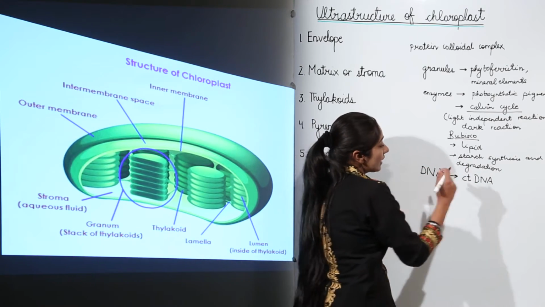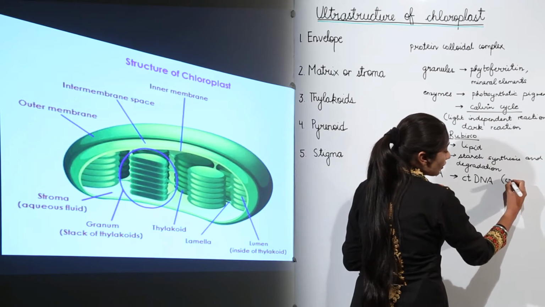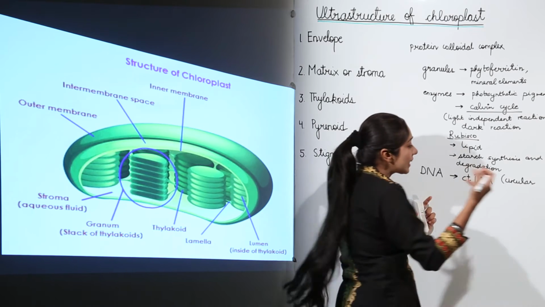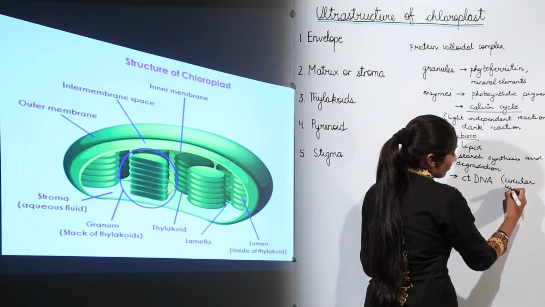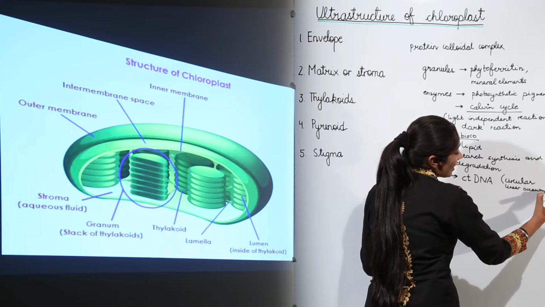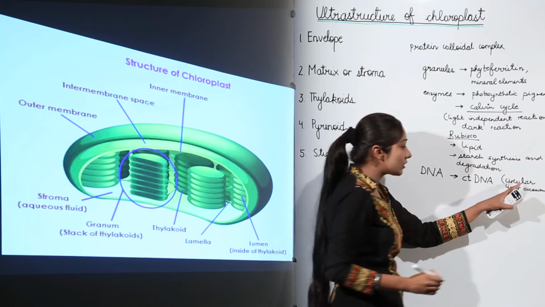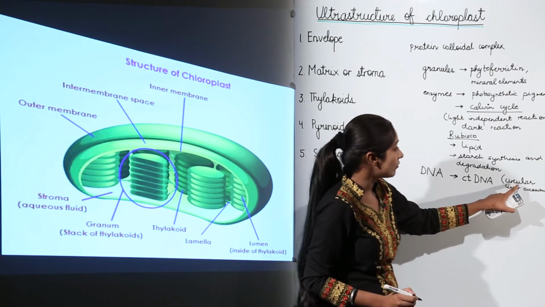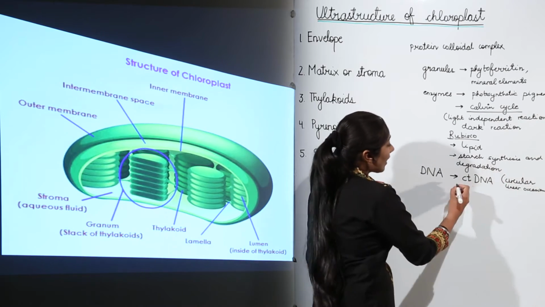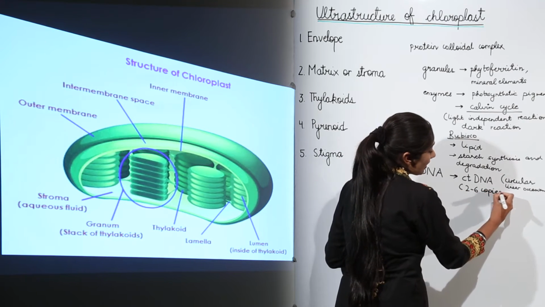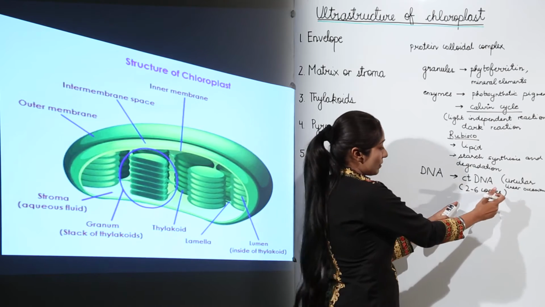Now generally this chloroplast DNA is circular, but occasionally, sometimes, it can also be linear. But generally the ctDNA is circular, and there are around 2 to 6 copies of it.